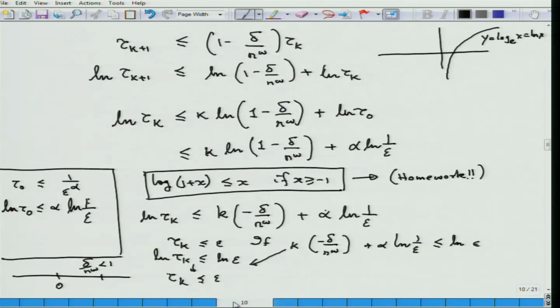So, you see what it tells me, that for the k for which this is less than or equal to log epsilon, if you take any k which is bigger than that k for which this inequality holds, then of course, for all such k's this will be satisfied. So, this is the minimum value of k for which this expression will hold, that is what I want to find out.